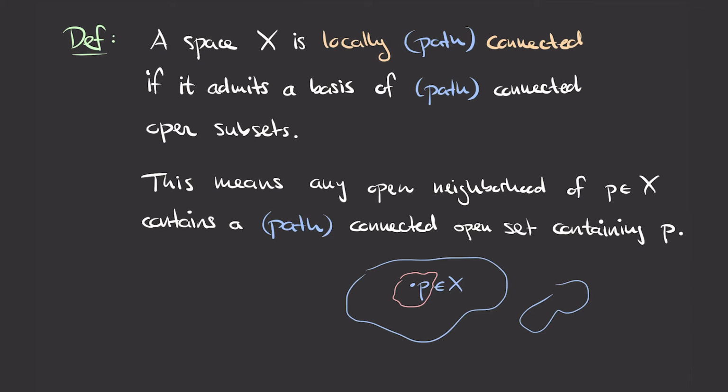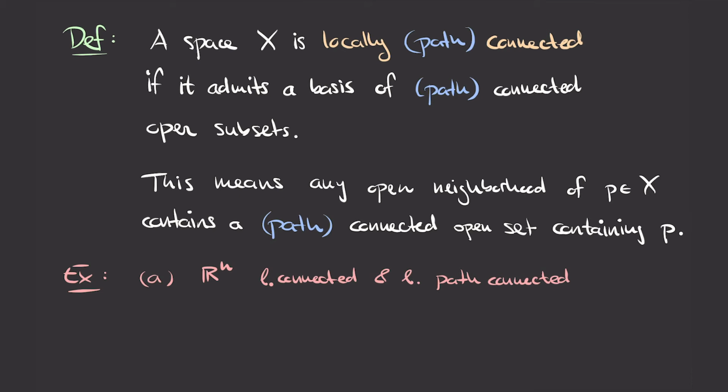However, it will be important for proving certain properties about the relationship between path connectedness and connectedness, which will be very important later on. To illustrate the definition, let's give some examples. So the first example is that of Rn, which happens to be both locally connected and locally path connected.